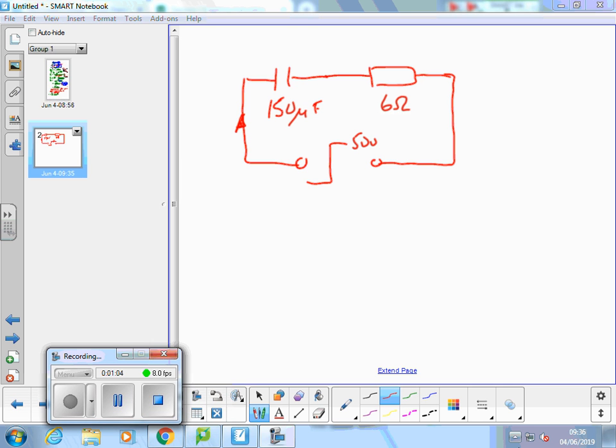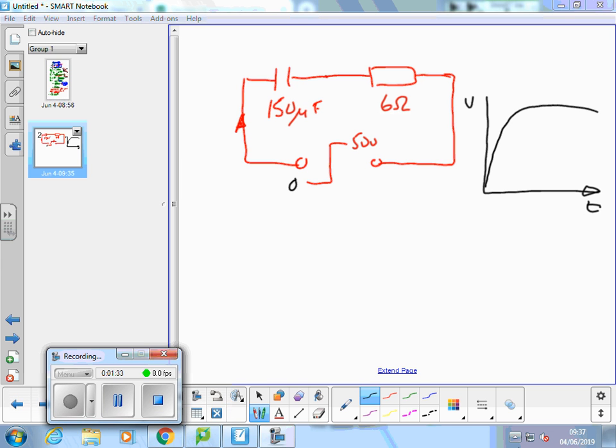So again, if we were to graph this, what would we expect over time? Unless we're told it's a step from 10 to 50, we assume 0 to 50.